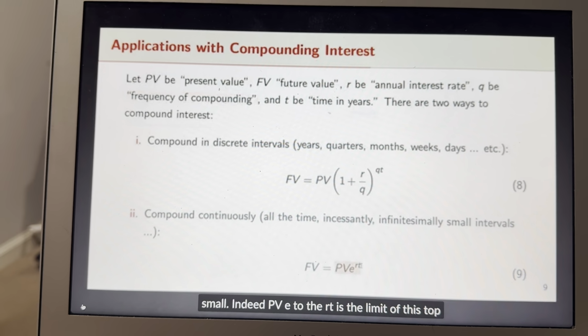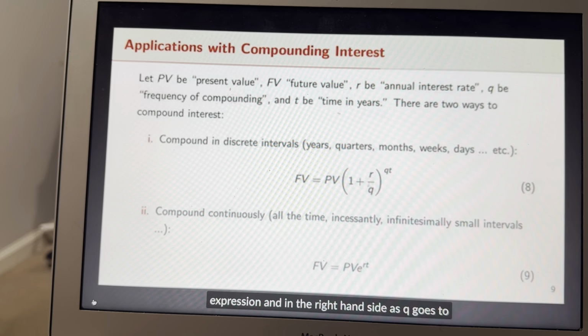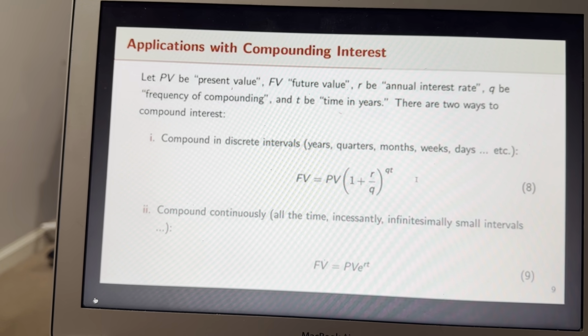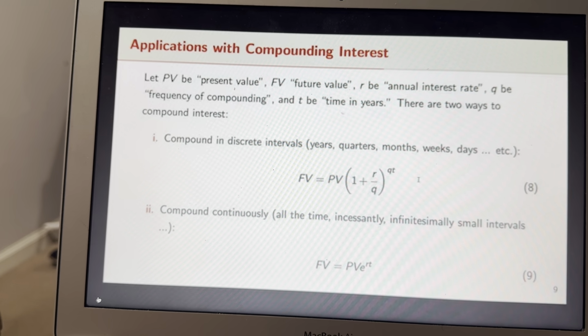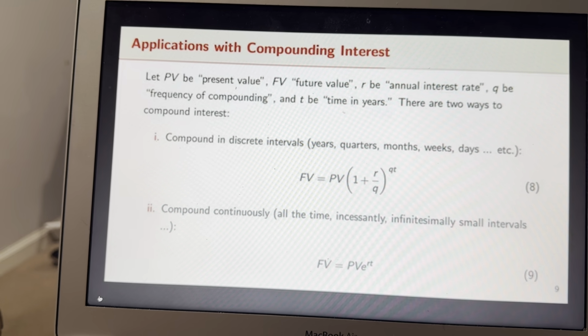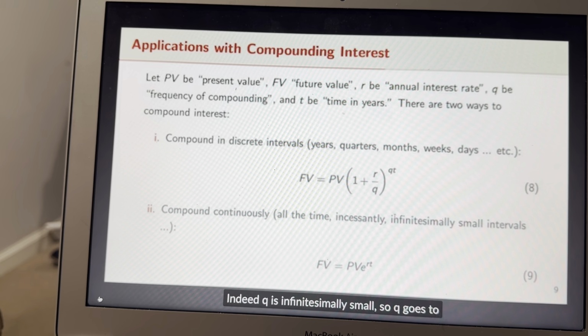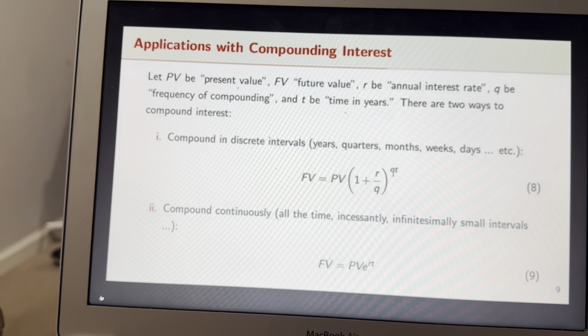Indeed, PV e to the RT is the limit of the top expression in 8, the right-hand side, as Q goes to infinity.